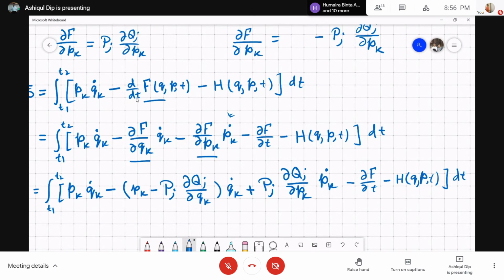Okay, at this point, do you see anything that can be combined into one single thing? Look here, big Q is a function of the old small coordinates, small q, small p, and t. So can you collect these terms into a single one?